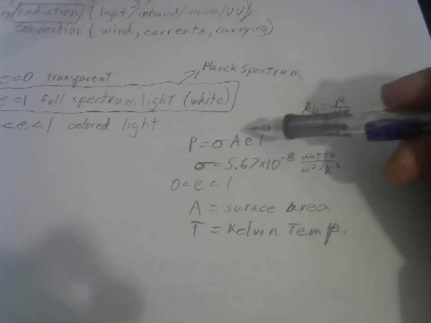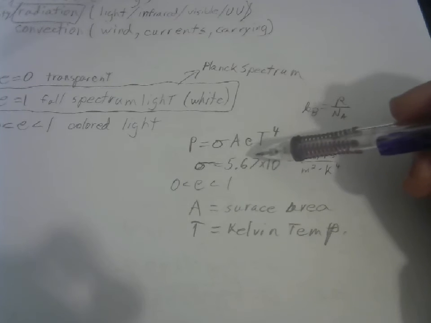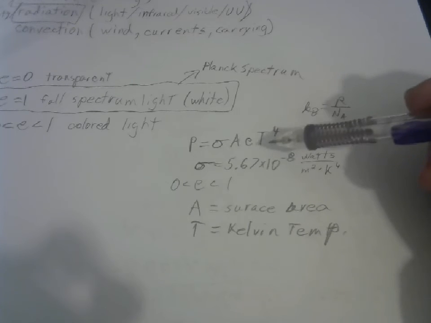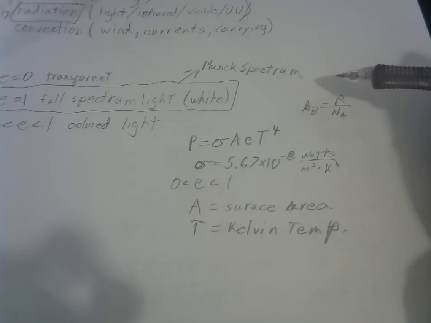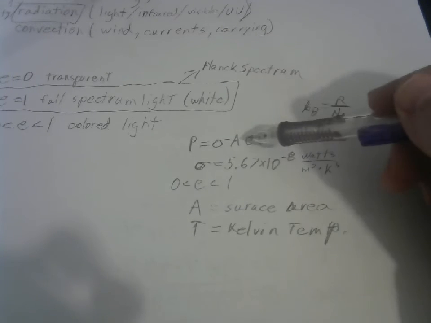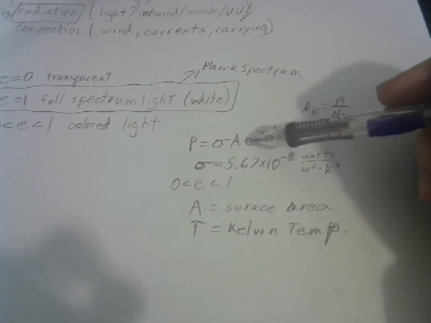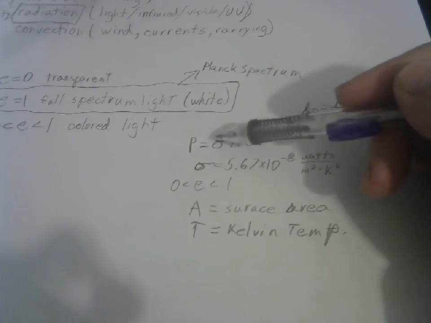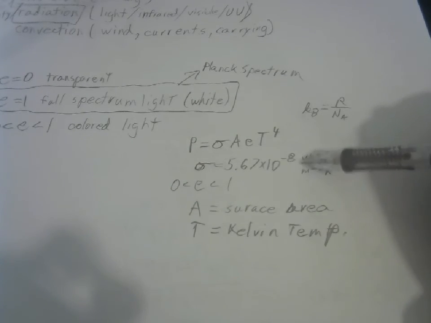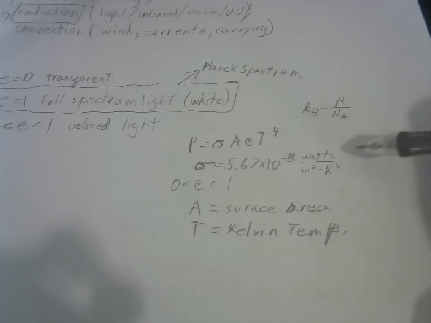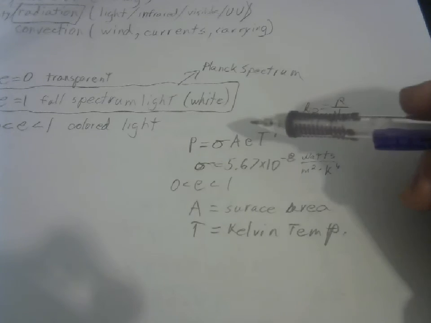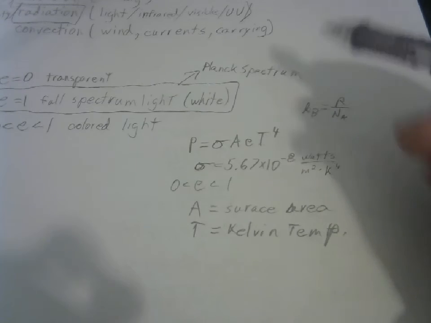And then you multiply it by the surface area of the sun, which is 4 times pi times its radius squared. You assume that it is radiating in full spectrum, so E is 1, and then you multiply that by this 5.67 times 10 to the negative 8th watts per meter squared per Kelvin to the 4th, and that gives you the power of the sun.